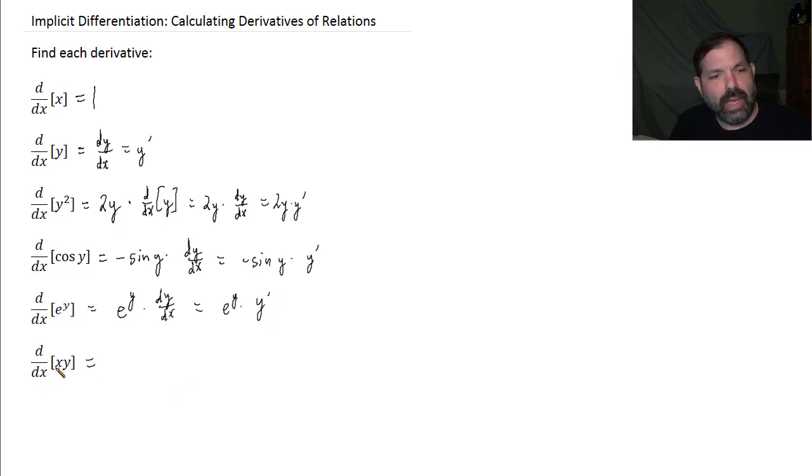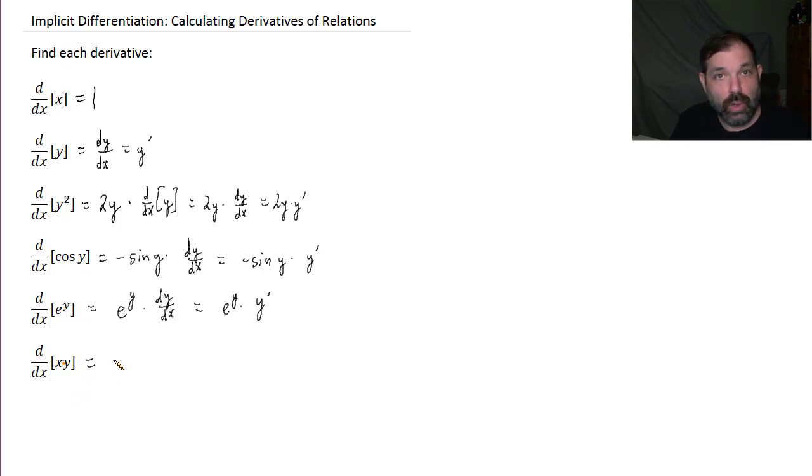Now d by dx of x times y, we have to be a little bit more careful here, because what I see is that this is actually a product. I have x times y, and x is a function of x, and if we assume that y is a function of x, then I have to apply the product rule.